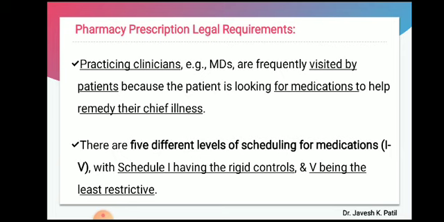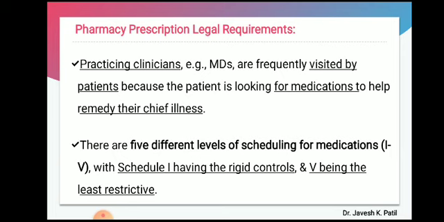So there are 5 different levels of scheduling of all medications, okay, from schedule 1, schedule 2, schedule 3, schedule 4, and schedule 5. When we say the first one, schedule 1, which is having the toughest control or most rigid control needed, the drugs which are under the list of schedule 1 category should be prescribed only in limited time, when they are extremely needed, hence they are called schedule 1.